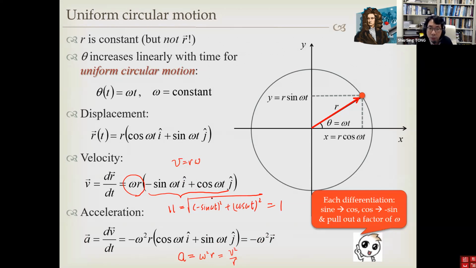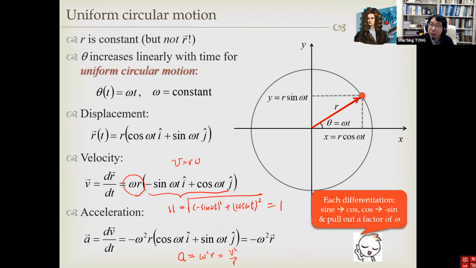So after two differentiations alone, you got the centripetal acceleration. The direction is also correct. You can see the r is pointing outwards, right? It's pointing outwards from the origin to the particle. But the a here is in the direction of minus r. So that means the acceleration is in the opposite direction to the radial vector r.